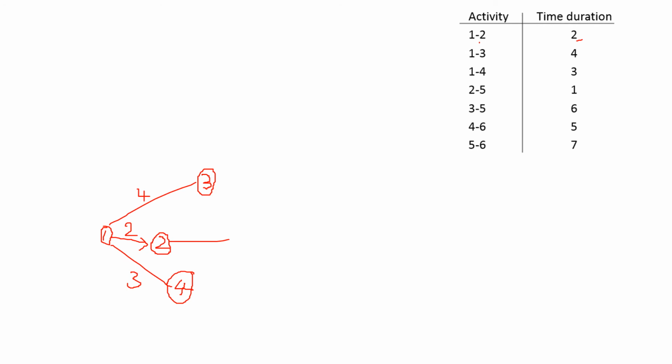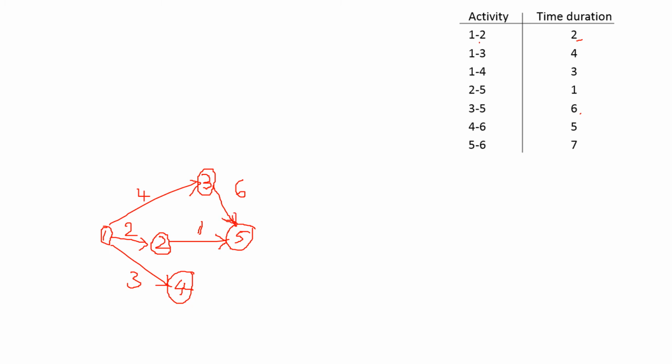So 2 to 5, it is 1. While drawing itself, put the arrow mark also so that the source and the destination will be clear. Then 3 to 5 is 6, right? So 3 to 5 and that is 6.